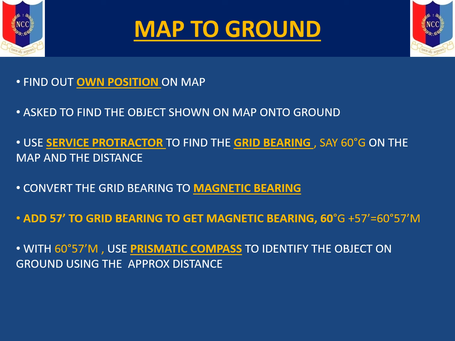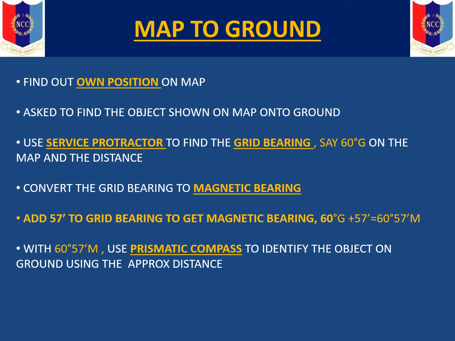Now with this bearing, use the prismatic compass to identify the object on the ground using the approximate distance. Say for example on the map it has been shown as 300 approximately. You have used the service protractor to find out the distance as say 300 meters. This is where the concept of judging distance, which is a separate chapter for the senior division, comes into play.